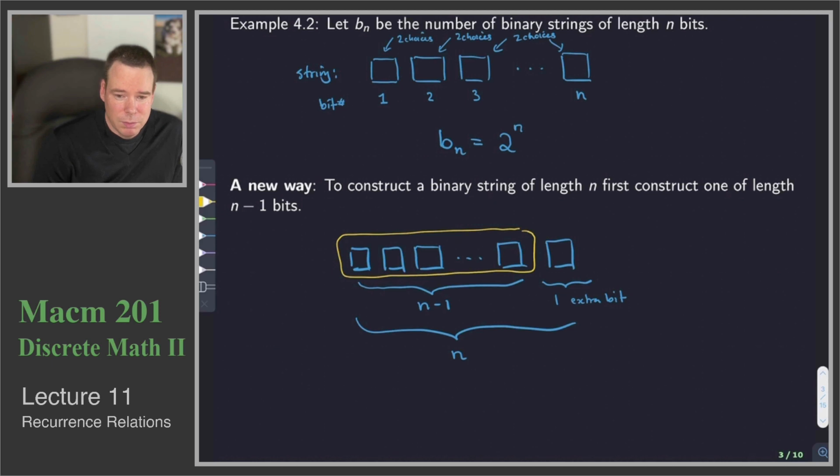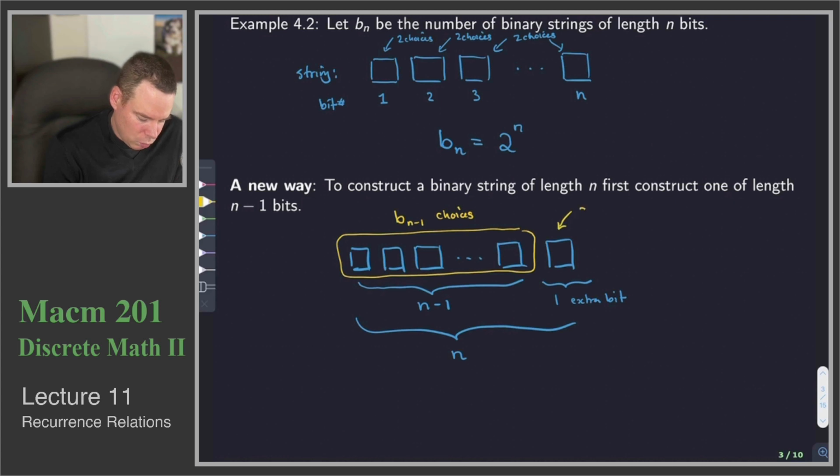Well, we're not thinking about the way we counted above, we're thinking in terms of breaking it down to smaller length strings. So there are b sub n minus 1 choices to fill those slots, because that's how many binary strings there are of length n minus 1.